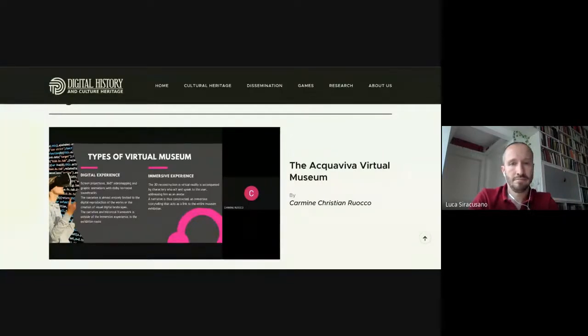While in the second type, immersive experience, you can experience a 360-degree virtual tour of the museum, thanks to an accurate 3D reproduction of the building and the museum halls. The museum, as we know, ceases to exist and it becomes a truly digital experience.